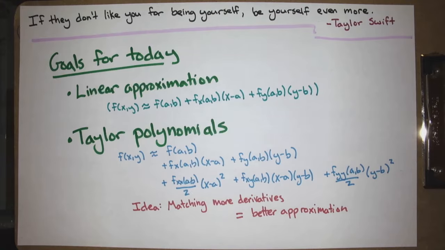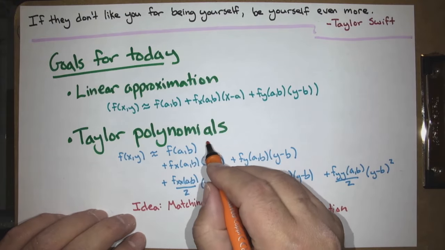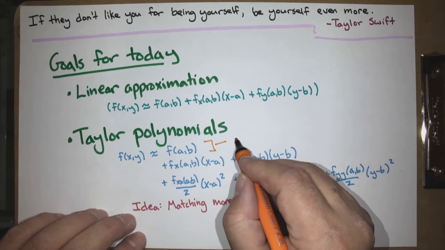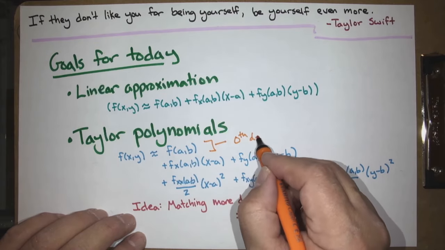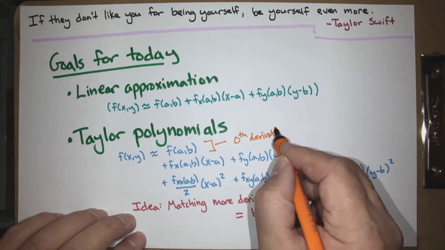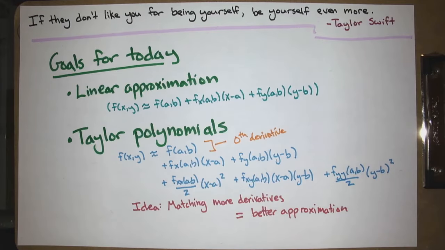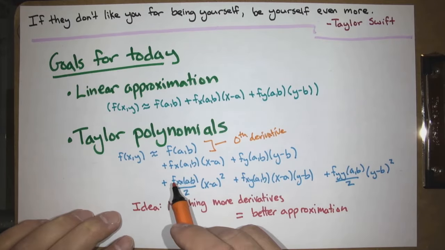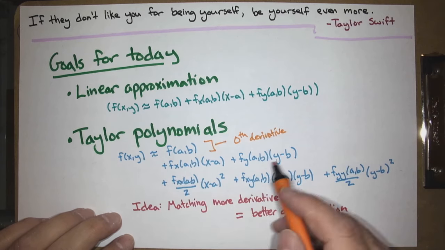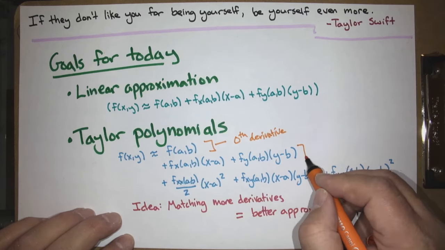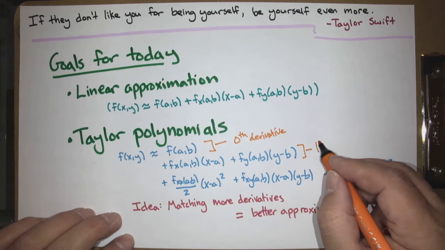You have your f of (a, b), your zeroth derivative, matching the value of the function. Then you have f sub x at (a, b) times x minus a, and f sub y at (a, b) times y minus b, which matches the first derivative.